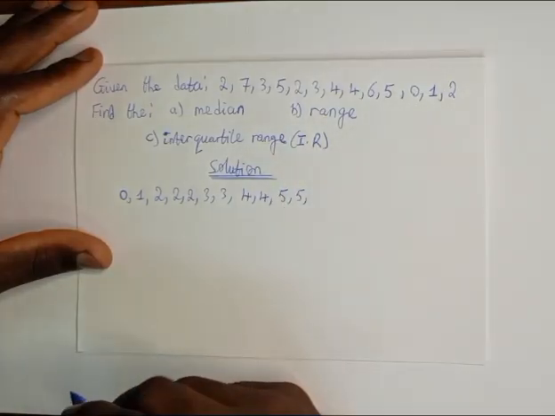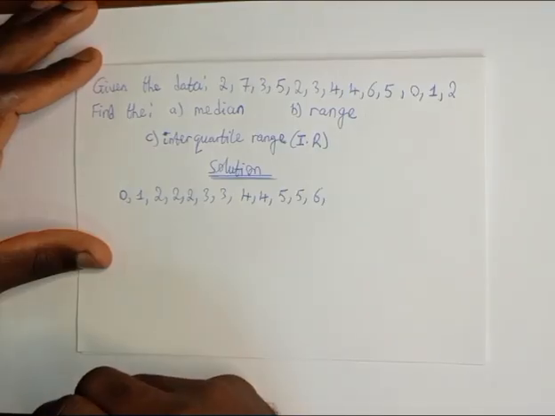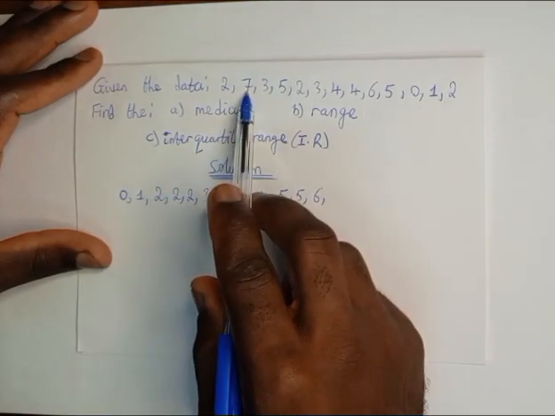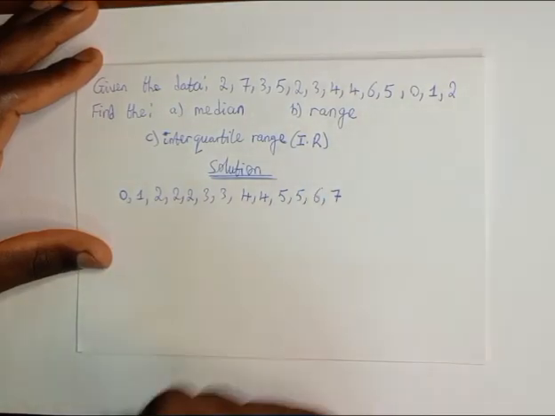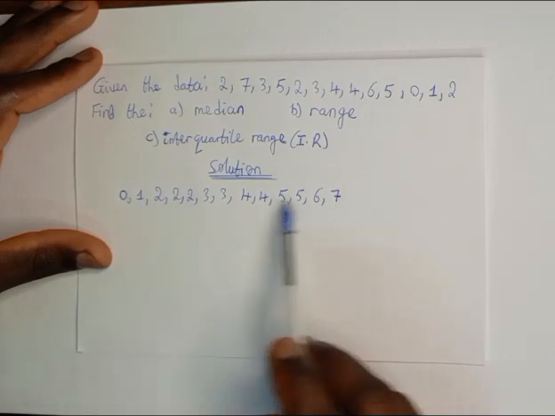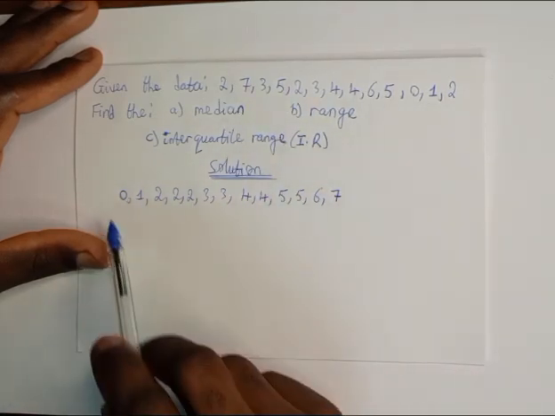The next we go to 6, which occurs once, we write down 6. The next we go to 7, which occurs just once, we end at 7. Next, let's count to see if the total number of observations here is equal to the total number of observations in the given problem.